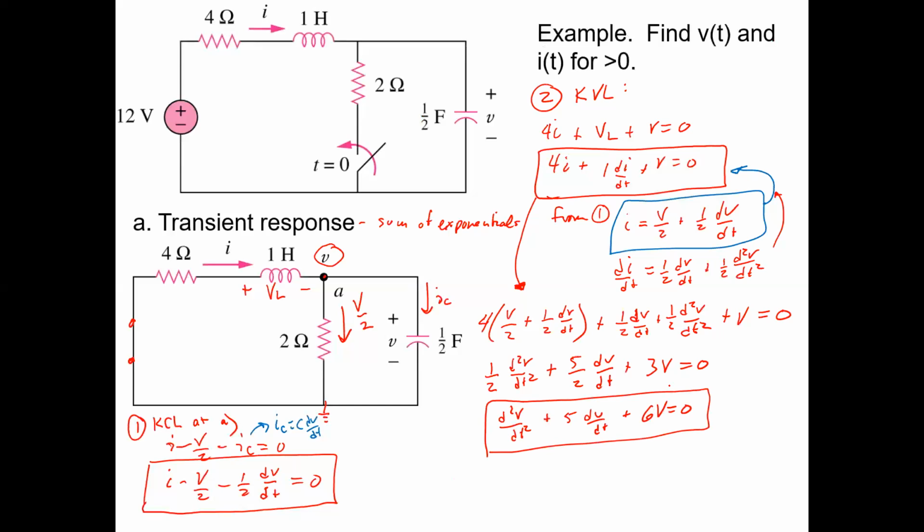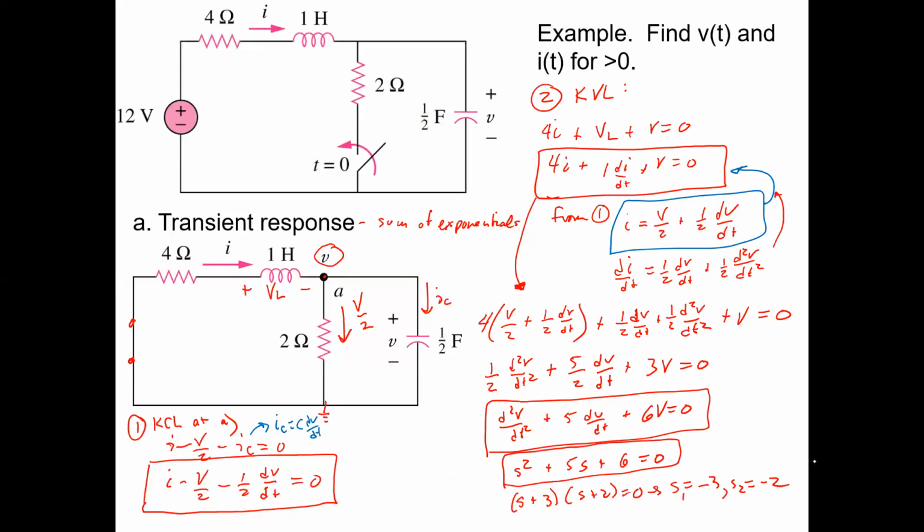And that gives us the characteristic equation that s squared plus 5s plus 6 equals 0. And that one you can actually factor into s plus 3 times s plus 2. So s1 is going to equal minus 3, and s2 is going to equal minus 2.